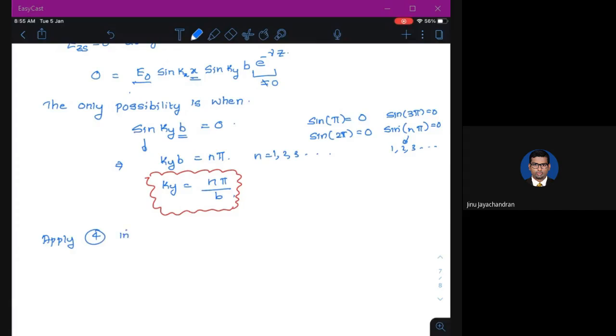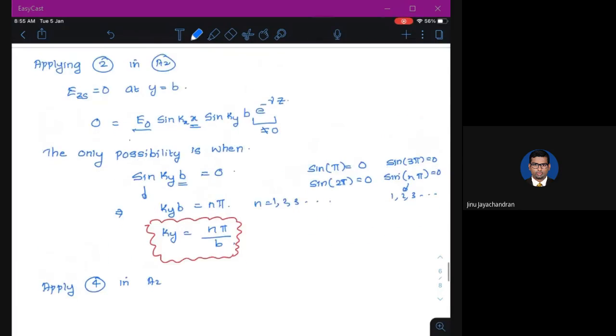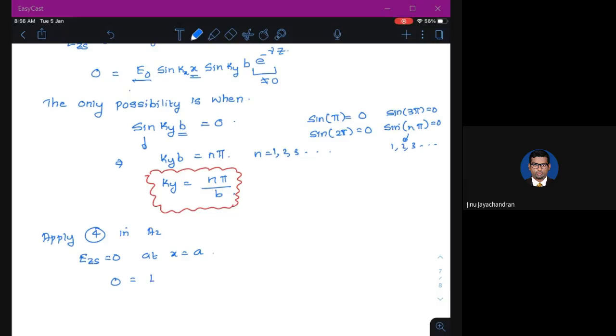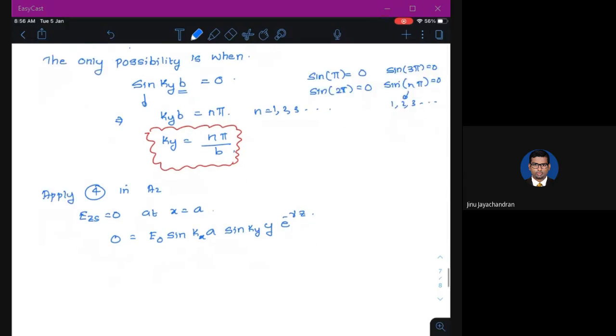Now let's apply condition number 4 in A2, that is, EZS is equal to 0 at x equal to a. So I can write 0 is equal to E0 sin kx a sin ky y e raised to minus gamma z. Now, this cannot be 0 because it is 0 only at z equal to infinity.